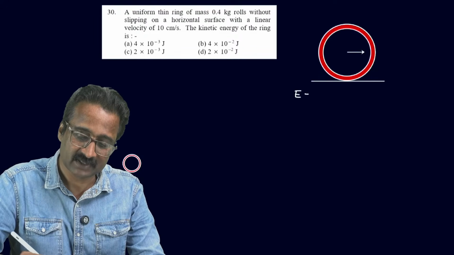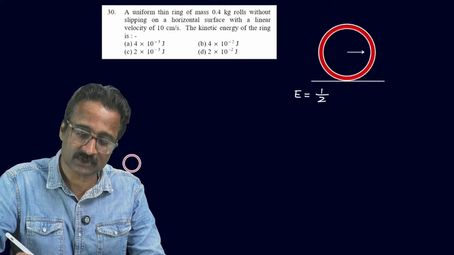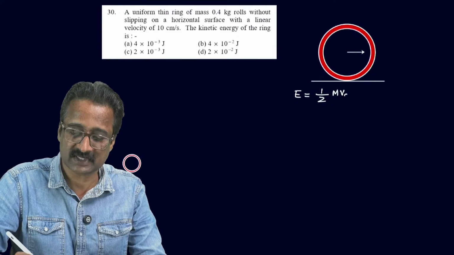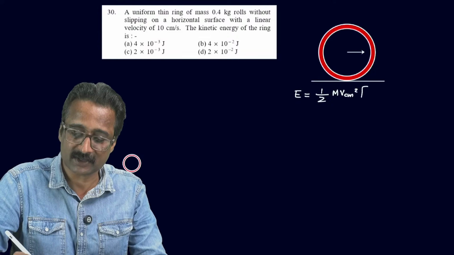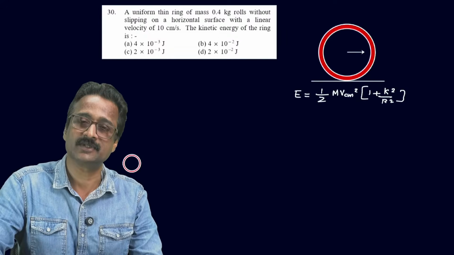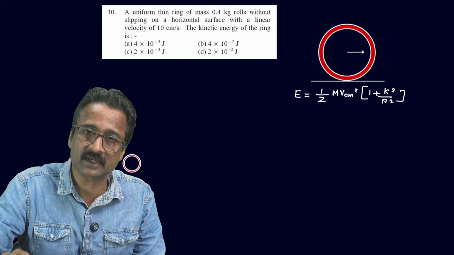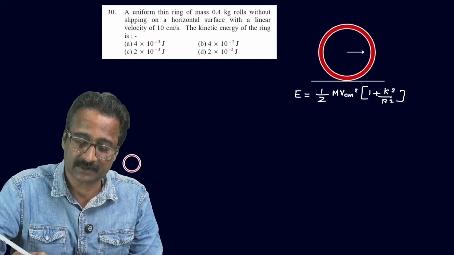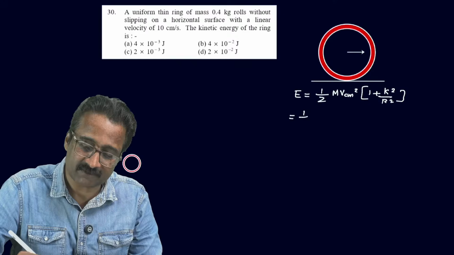I'm writing it here. E is equal to half into m into VCM squared, into 1 plus k squared divided by r squared, if there is no slipping. This is the full equation for kinetic energy of any rolling body, provided slipping is absent. Now let me come to values. It is half into m.